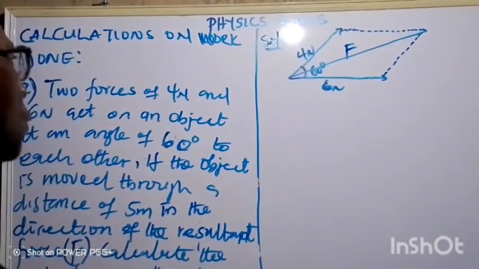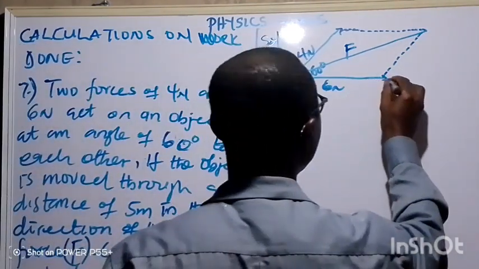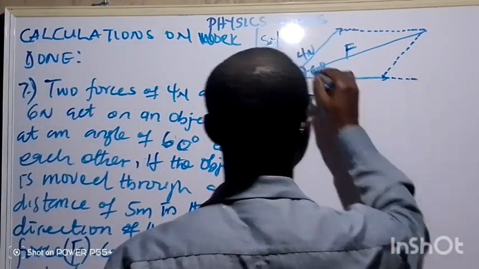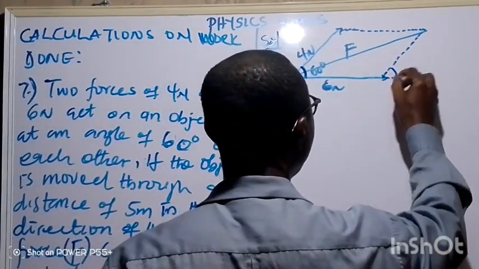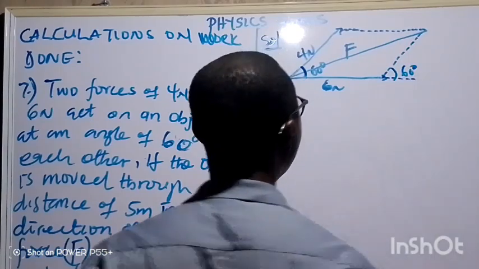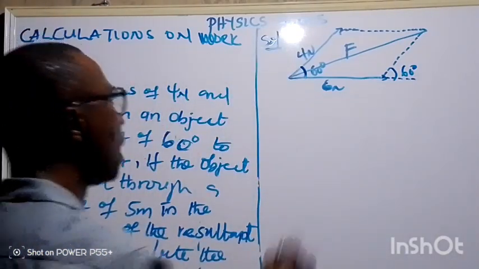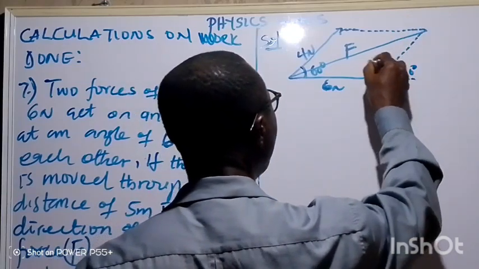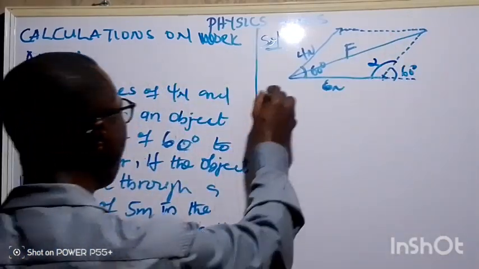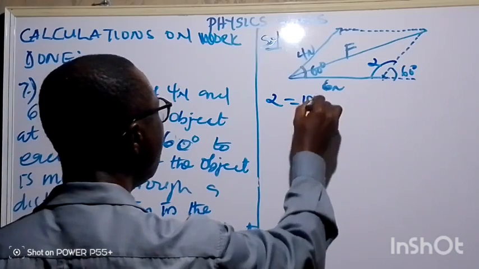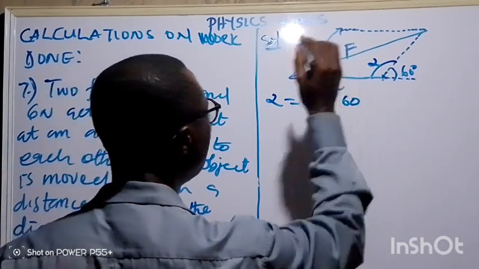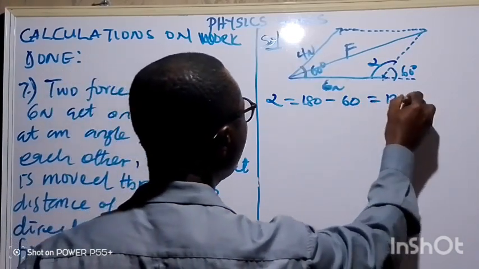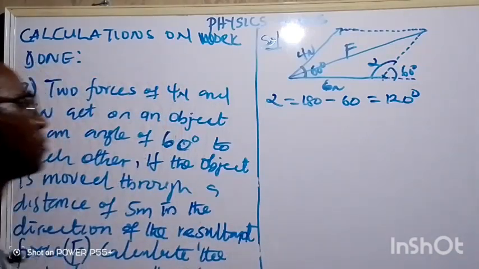So, if you extrapolate this line, this angle will be equivalent to this angle, 60 degrees. And without wasting our time, this angle, you call it angle alpha, then angle alpha will be equal to 180 minus 60, which is equal to 120 degrees.